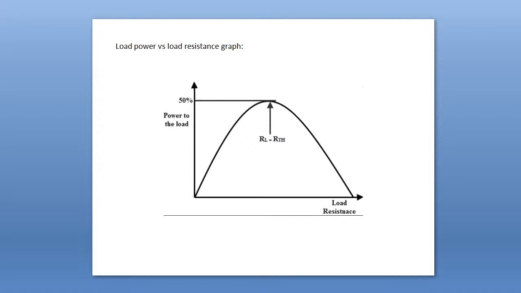The question is, what will be the arrangement of the antenna which will provide maximum information to the receiver side from the transmitter side?